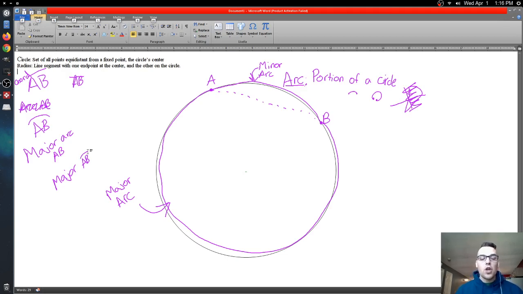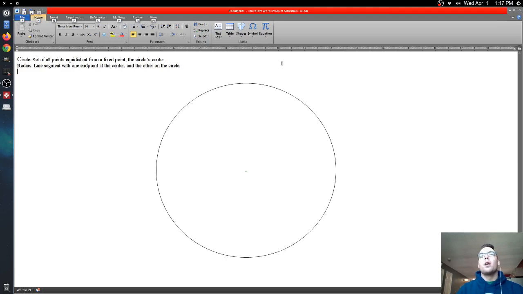So, there's another way we might name these things. If you think back to angles, sometimes I would say, oh, this here is angle A, and I would name it by just saying, oh, that's angle A that I'm talking about. But sometimes it's not clear what I mean when I say angle A. In this case, calling this angle A it's not precise.